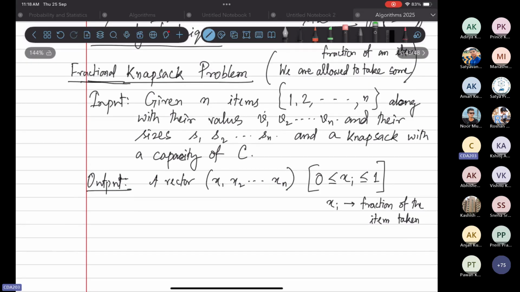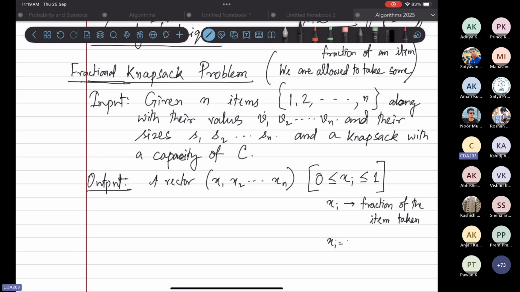Now, what do you understand if xi is 0? It's null. That means I'm not taking any of the item.